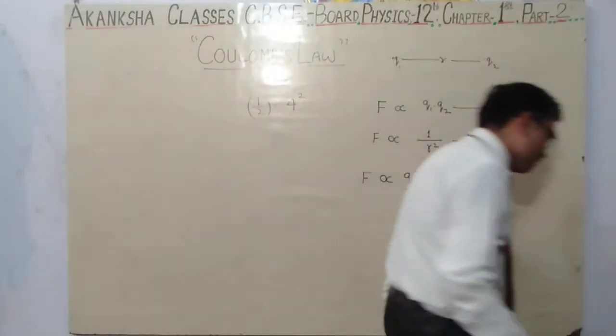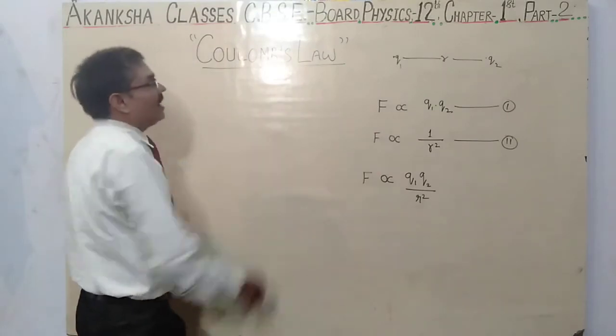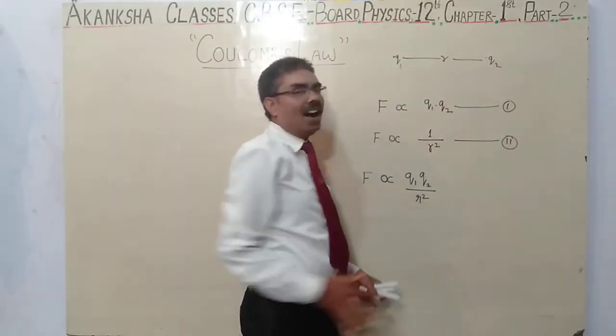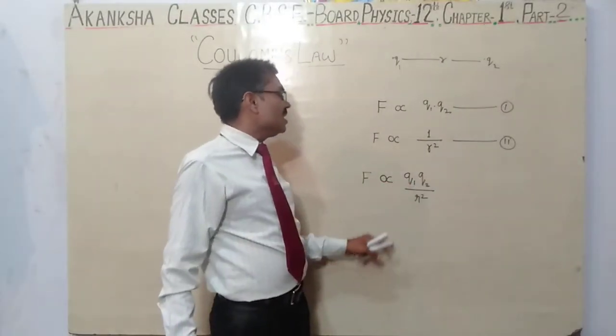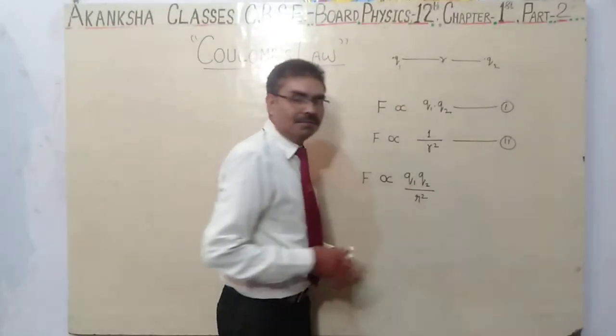This means the electric force exerted by 2 point charges kept at a separation of r is directly proportional to the product of charges and inversely proportional to the square of the separation.